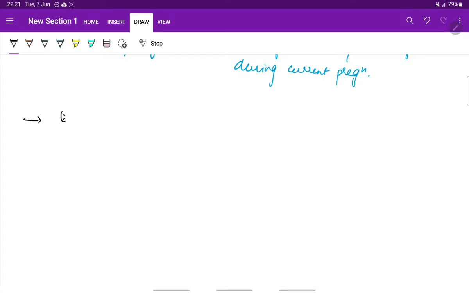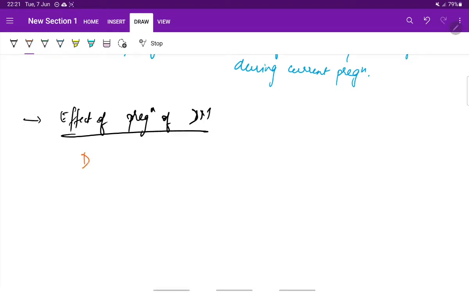Now, coming to the effect of pregnancy on diabetes. As we all know, pregnancy is itself a diabetogenic state.